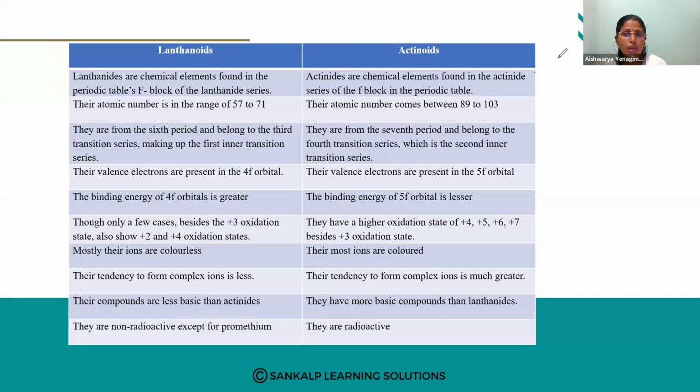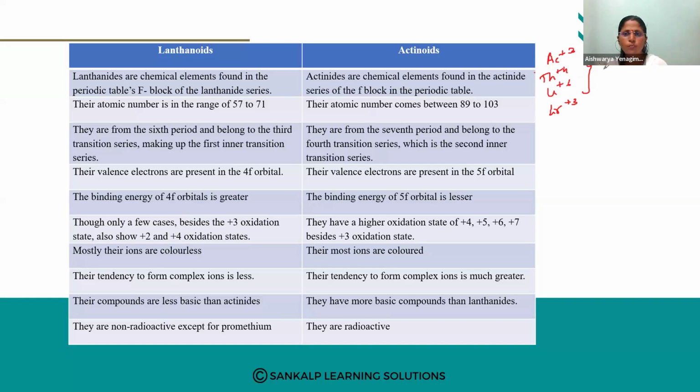But if you see Ac +3 actinium, then thorium +4, uranium +6, these are diamagnetic, and even lawrencium +3 is also diamagnetic. Why are these diamagnetic? Because of absence of unpaired electrons. If you see the configuration of these three, it will be 5f0.